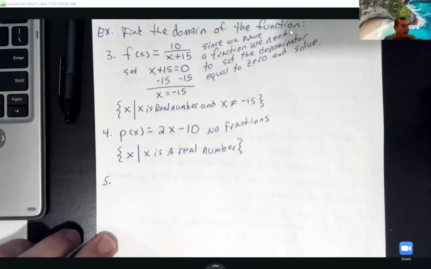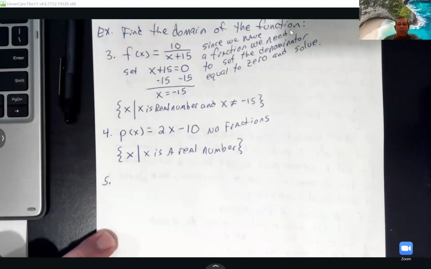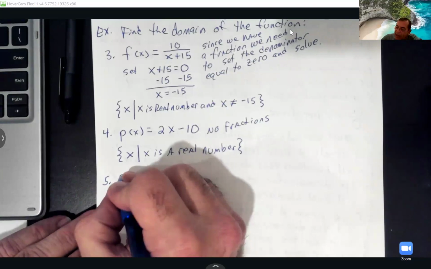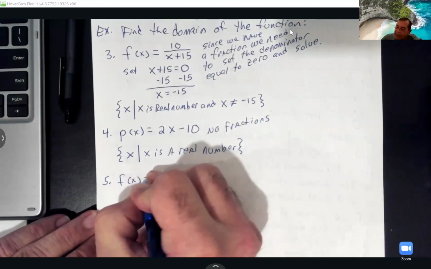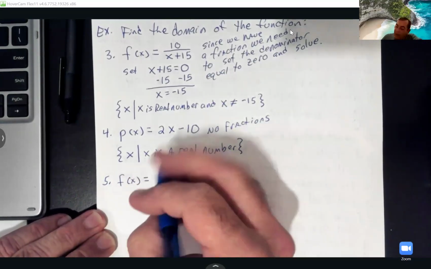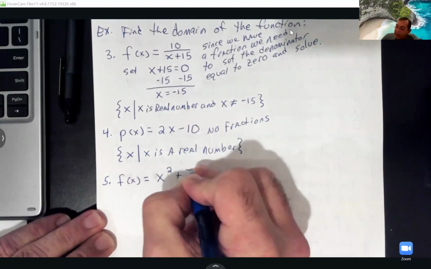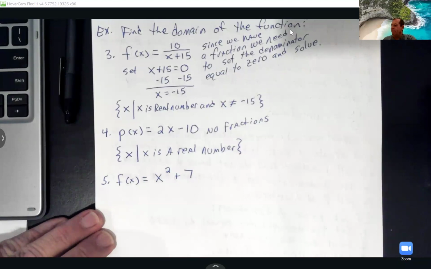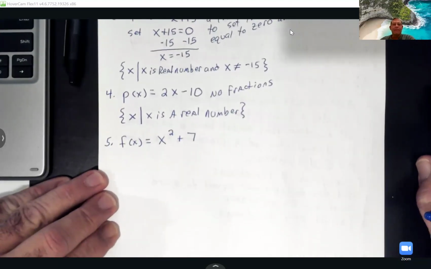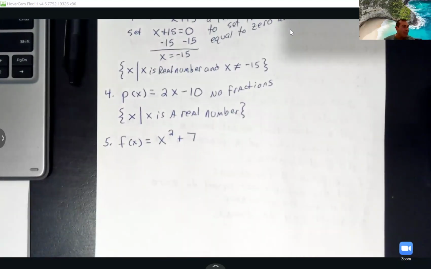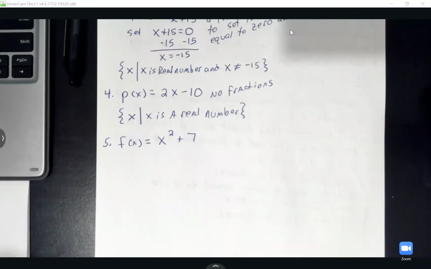All right, good job. So what about squares? What if I had something like f of x equals x squared plus 7? What y'all think? All real numbers? Perfect.